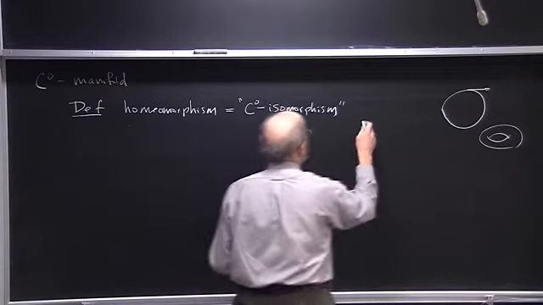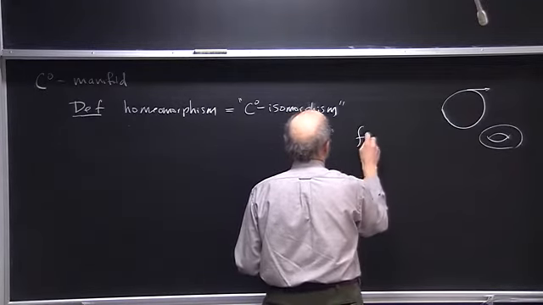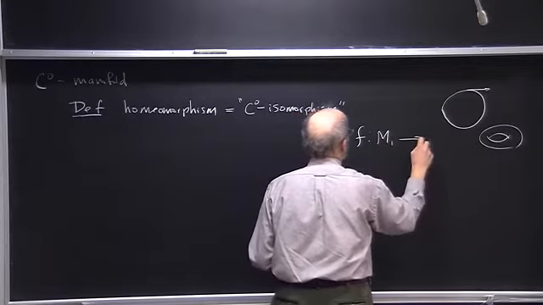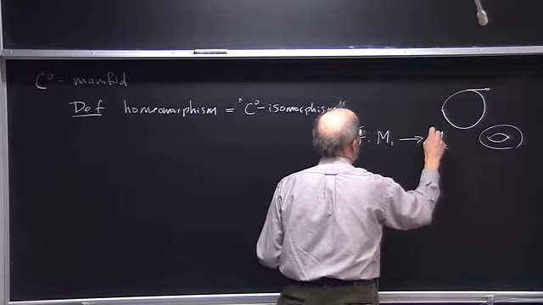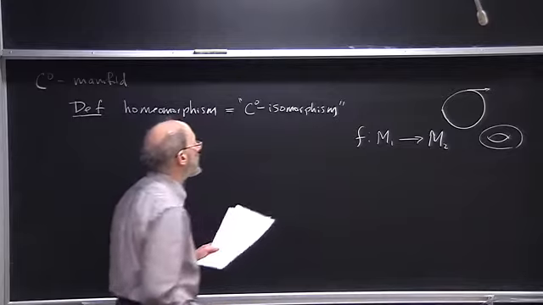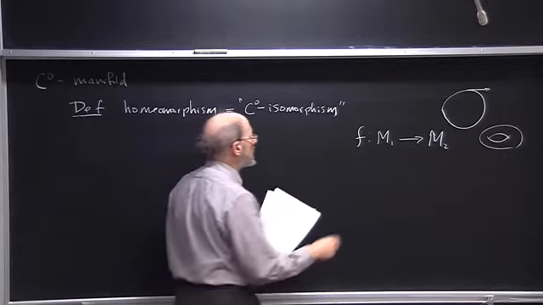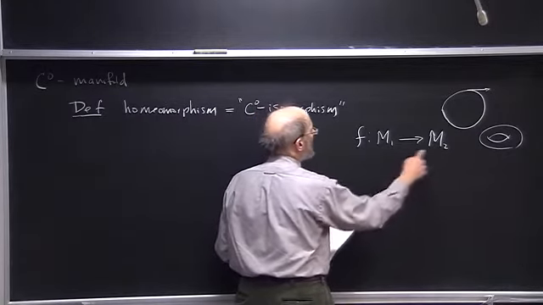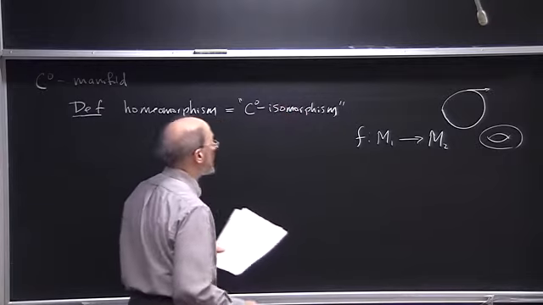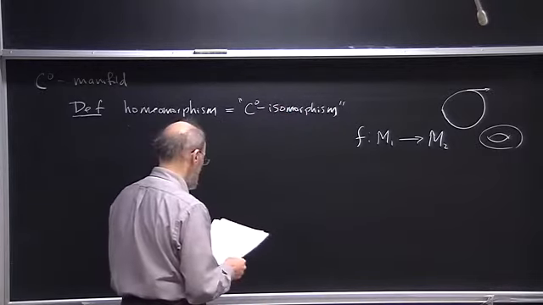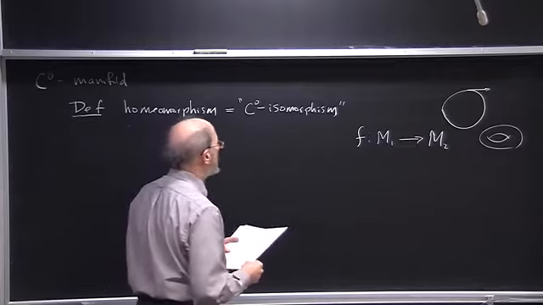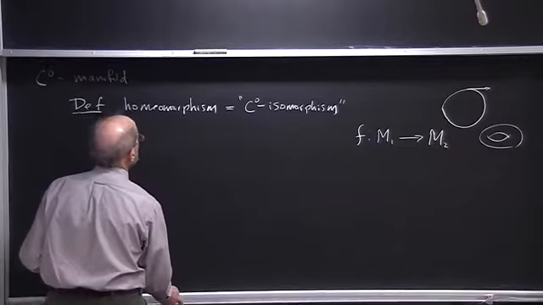And it's a map, F, from one manifold to the other, which preserves topology, basically. The technical way to say that is that the map is continuous, and it has an inverse. It's a one-to-one map, a bijection, and its inverse is also continuous.